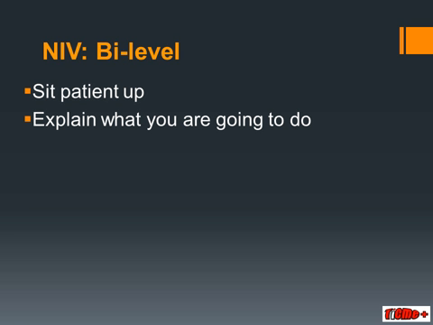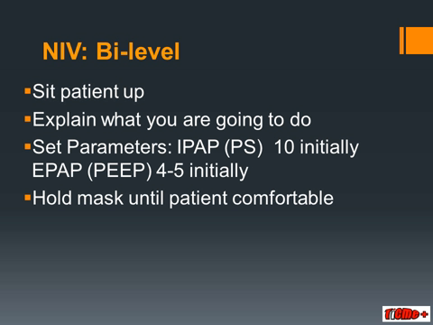If you're starting someone on non-invasive bi-level ventilation, start by sitting them up. It's very important then to spend some time explaining what you're going to do and what the machine is going to feel like. Tolerability can improve significantly if you can decrease patient anxiety. Start low when you set your pressures. I recommend starting with an IPAP of 10 and an EPAP of 4.